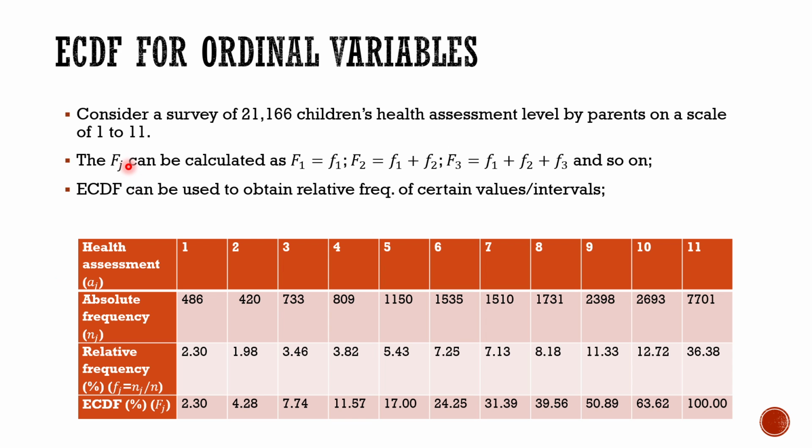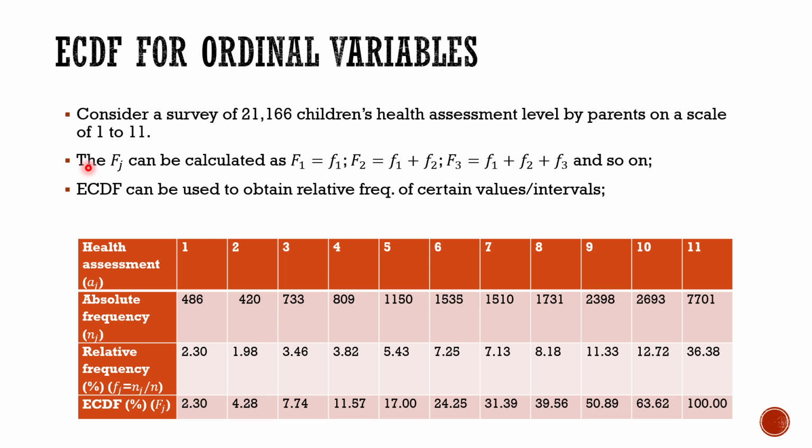Now we'll take an example of ECDF for ordinal variables. Consider we have data on 21,116 children's health assessment level by parents on a scale of 1 to 11. So this is ordinal data where 1 is the least and 11 is the highest reported health assessment.